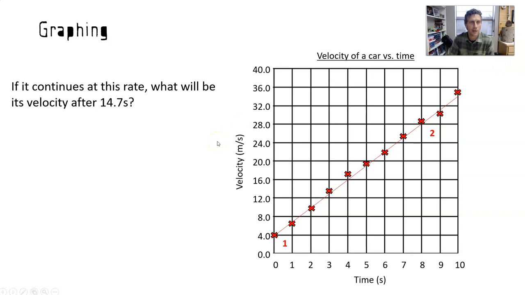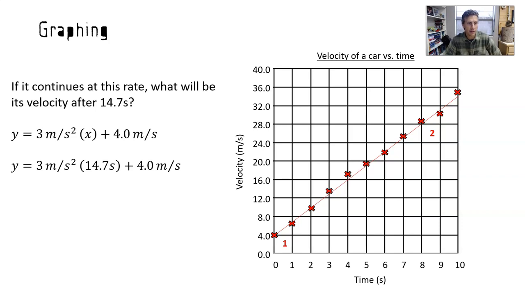So we're going to use our old pal mathematics. Okay, here's our formula. 3 meters per second squared times x, which is time. How much time? 14.7 seconds, plus our b value, which is 4 meters per second, our initial velocity. Put the numbers in. 3 meters per second squared times 14.7 seconds plus 4.